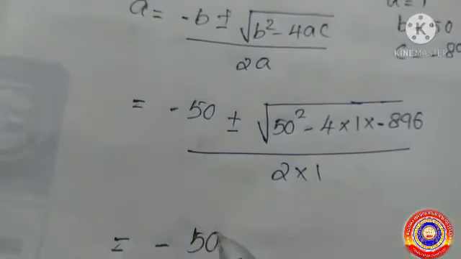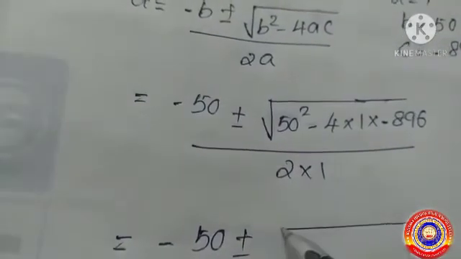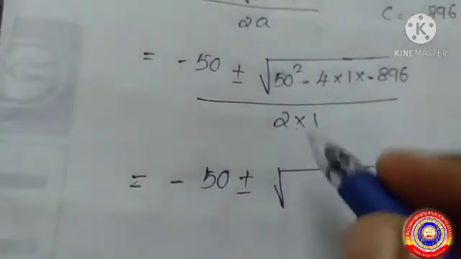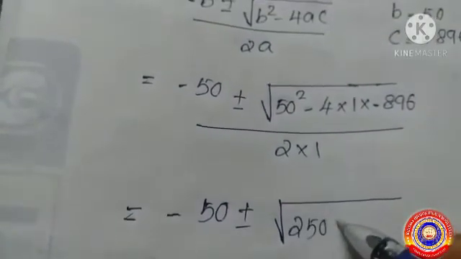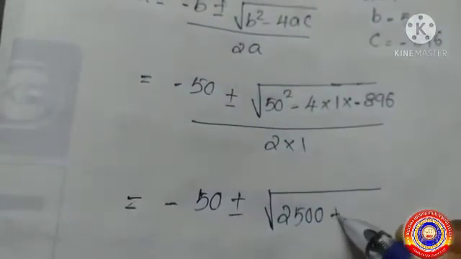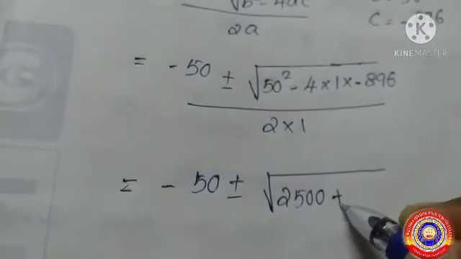So simplifying this, we get minus 50 plus or minus root of 2500. 50 square equal to 2500. Minus into minus becomes positive.